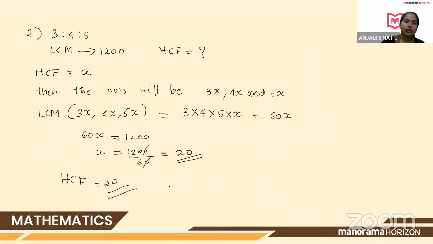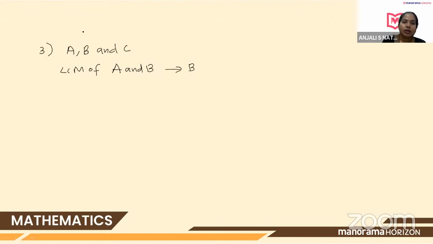Okay. So, the LCM of A and B is B. What does it mean? That means this B is the multiple of what?